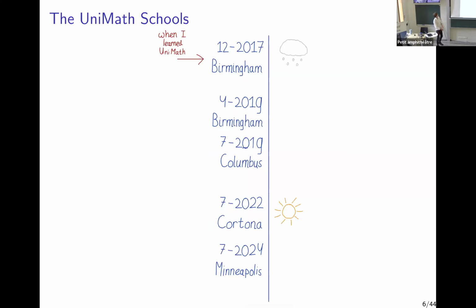For instance, Peter Lumsdaine, together with Benedikt Ahrens, is very interested in the semantics of type theory, and they made this whole type theory repository in there. Then someone from Paris, who is not here, Ambroise Lafont, used Unimath in the context of syntax, like higher order abstract syntax and stuff like that.